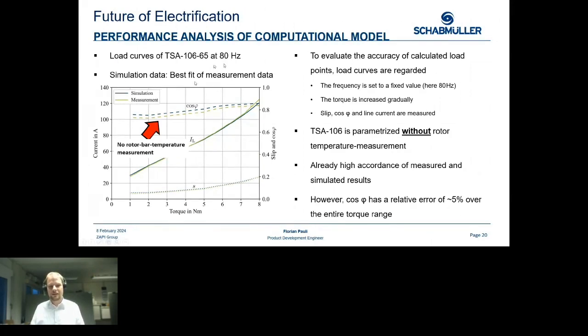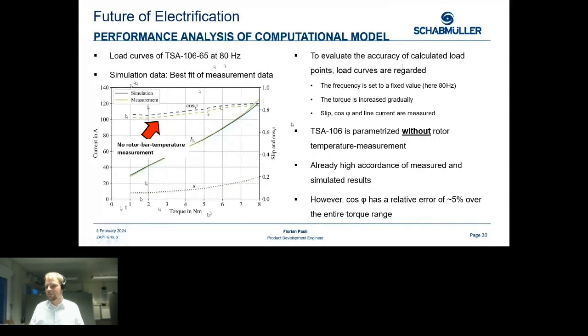And here you can see the simulation data of the best fit measurements. This measurement data is obtained by having the machine on the test bench and submitting it to a given frequency, which is 80 Hertz in this case, and ramping up the torque.